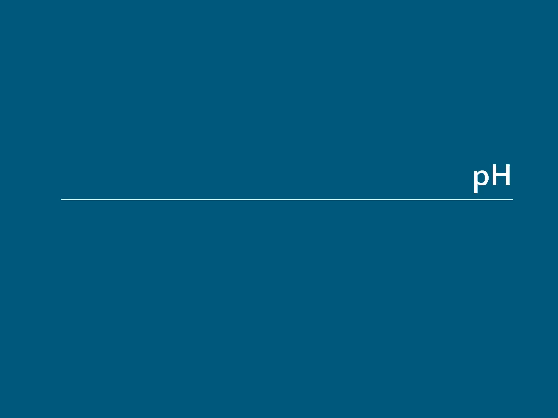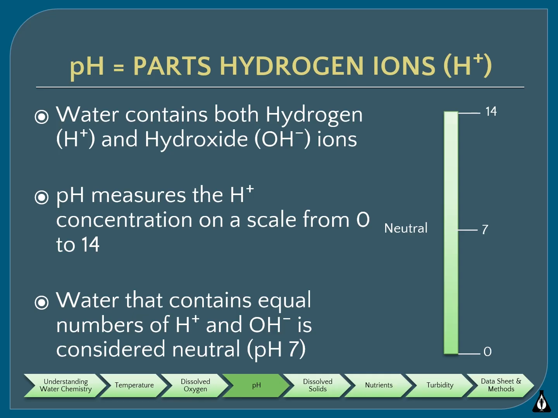Alright, so the next parameter we're going to discuss is pH. pH stands for potential hydrogen, or part hydrogen ions. Water contains both hydrogen and hydroxide ions. pH measures the hydrogen concentration on a scale from 0 to 14, and water that contains equal parts of hydrogen and hydroxide ions is considered neutral, which is represented on the scale as 7.